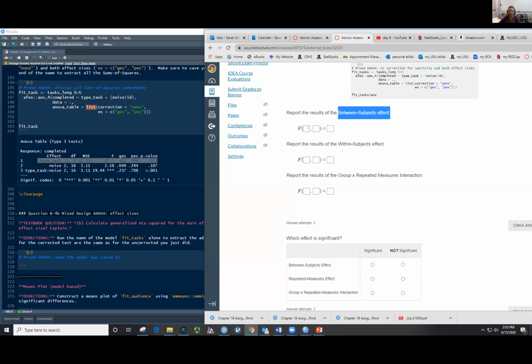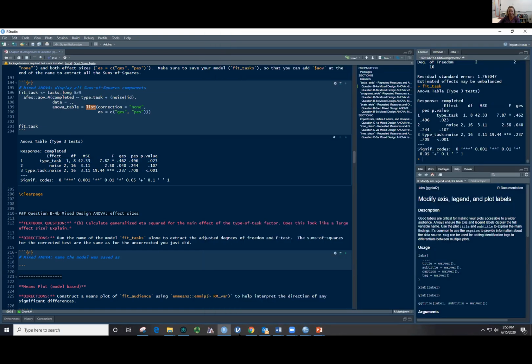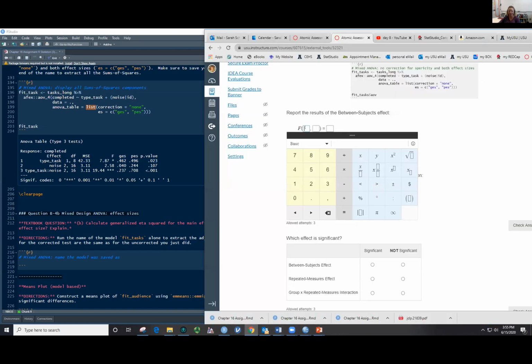Okay, so what goes in our F statistic? The degrees of freedom are 1 and 8, and the F statistic equals 7.87.